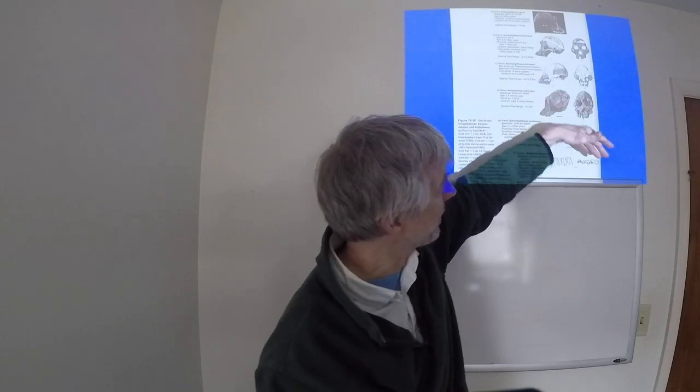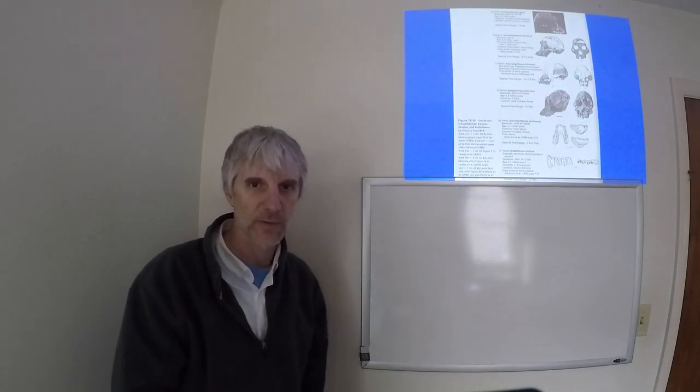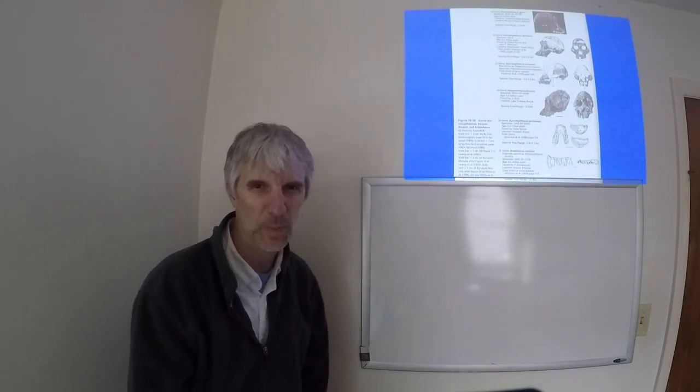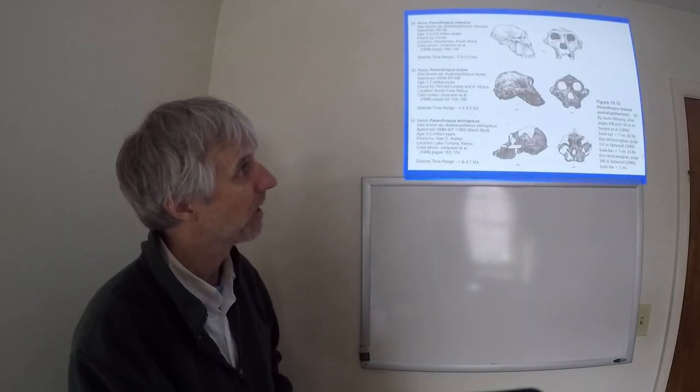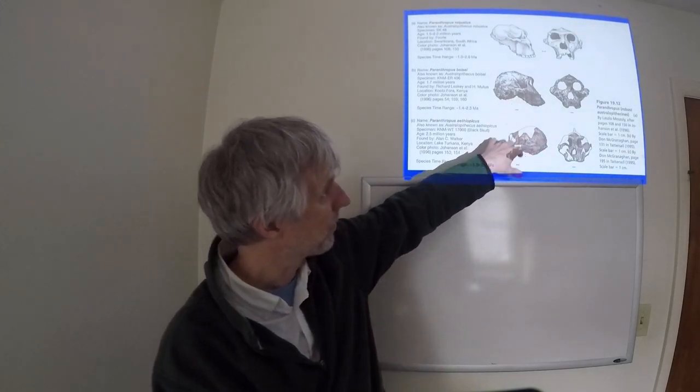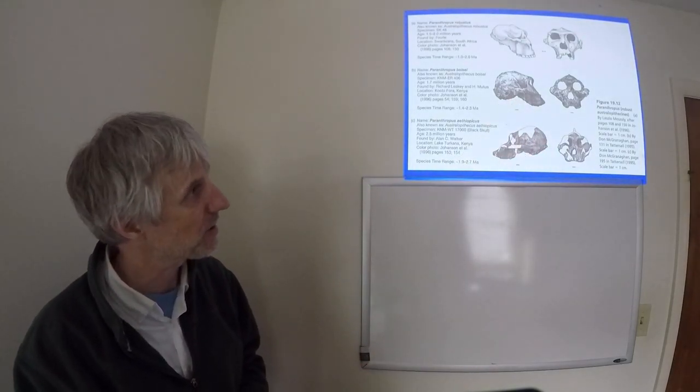Notice also that we don't have complete skulls for a lot of these. So a lot of this is kind of inferential based on what you have. More pieces are found every day. But the idea is that we're mainly working off skulls, and we're working off of partial skulls.